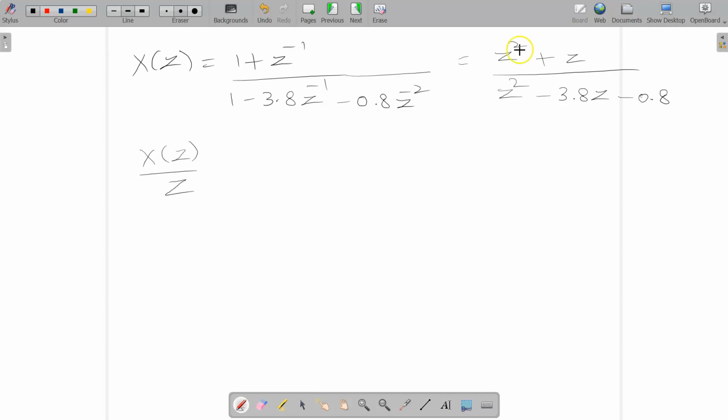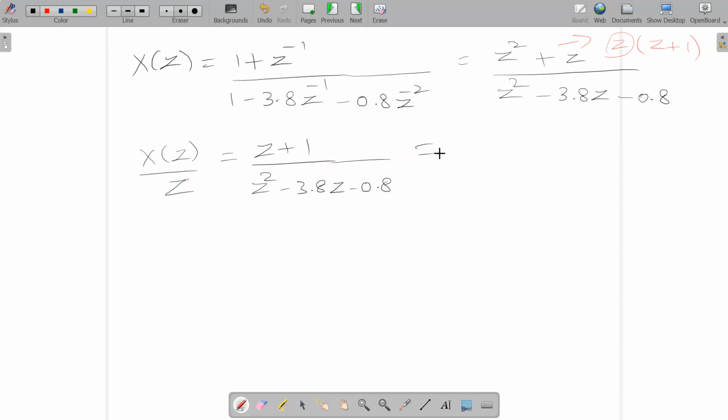So actually this term, when I take z outside, I can write it as z into (z plus 1). This z I am going to take to the left hand side. So x of z by z I can write as (z plus 1) divided by (z square minus 3.8 z minus 0.8).